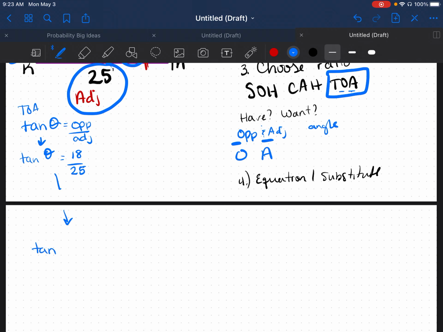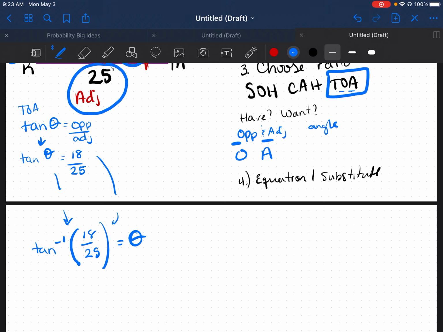I have tan, I'm going to change it to inverse tan, and I'm going to multiply that by my fraction, my opposite over my adjacent. And now this is going to give me theta. This is going to give me my angle.